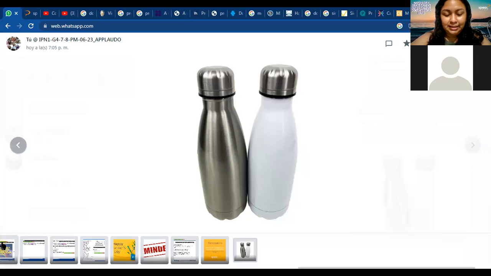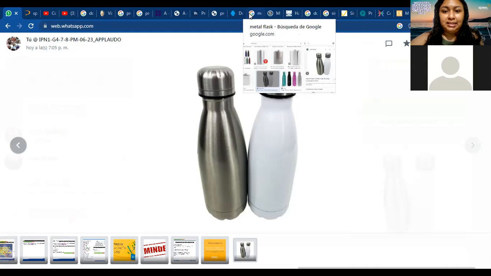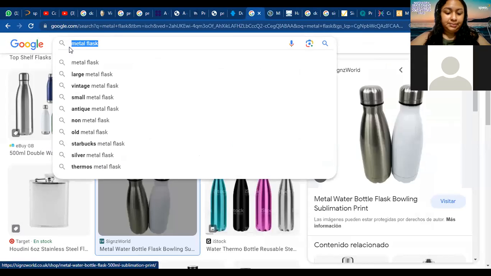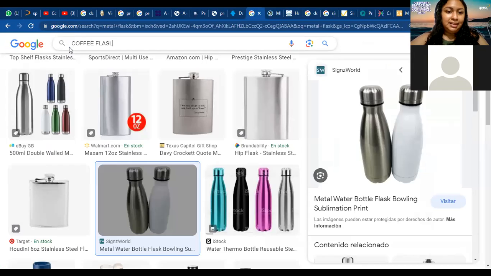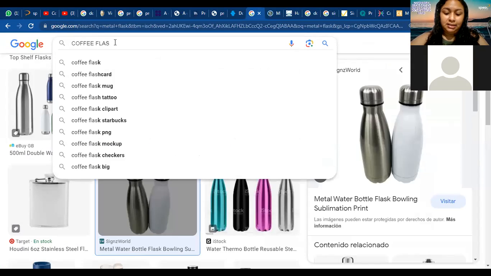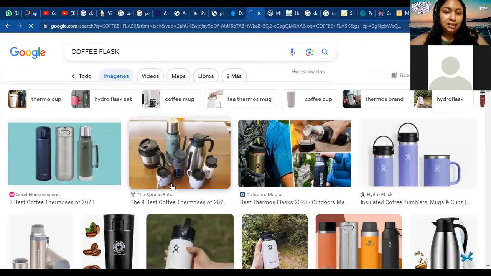I don't know if that's the same word in English, but yeah, a flask, but a different material. It's kind of plastic and metallic, I believe, inside. It doesn't look like that. It's different, but in that case, I use a flask for coffee.